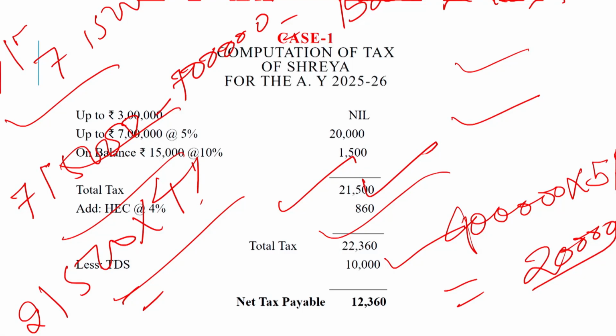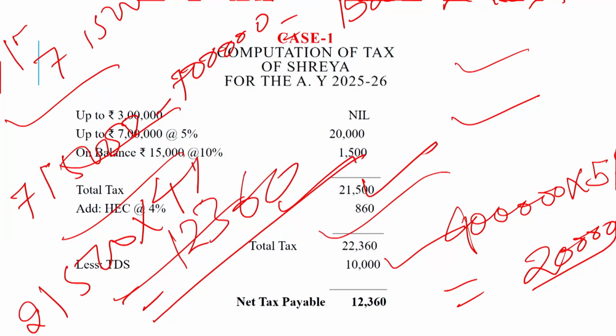And TDS is deducted. TDS means tax deduction at source. TCS and TDS are both different. I will tell you in the next class under the head of tax deduction at source and tax collection at source. So 22,360 minus 10,000 is equal to 12,360.